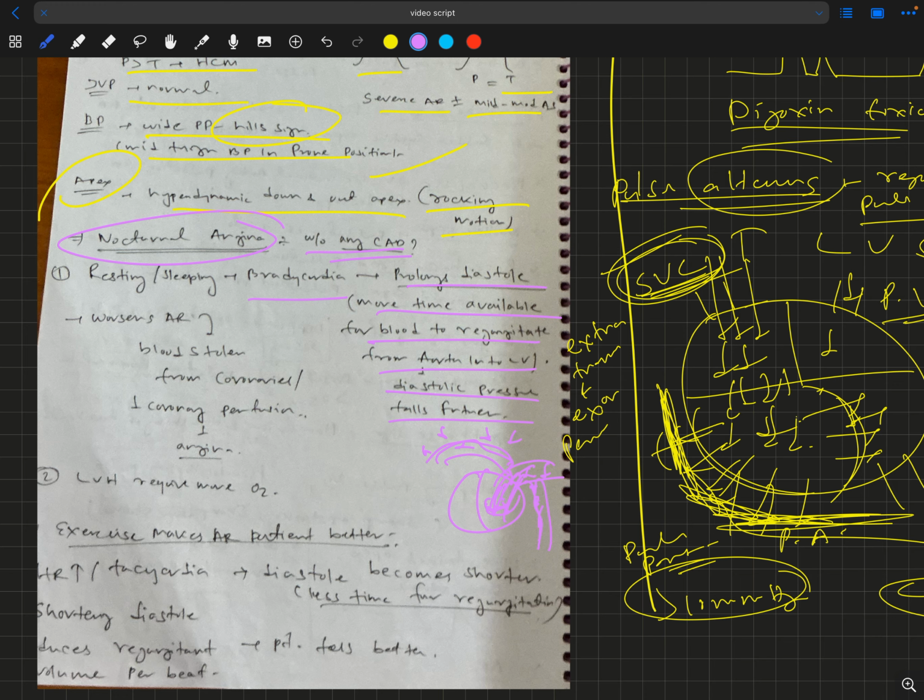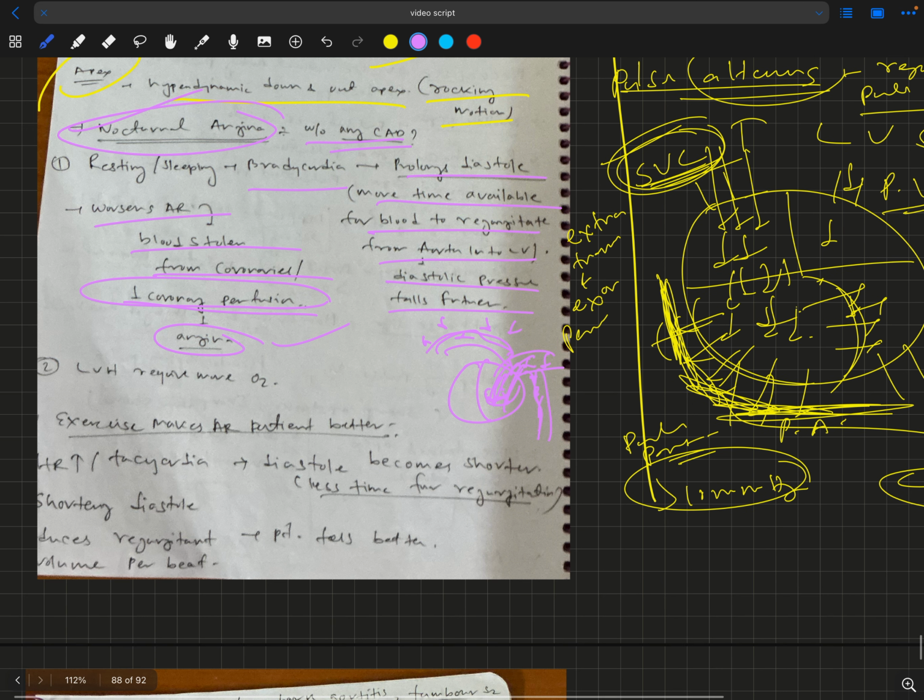That will lead to decreased blood flow to the myocardium, making the patient more prone to develop angina while sleeping, that is nocturnal angina. So blood is stolen from the coronaries, coronary perfusion decreases, and this leads to angina. So nocturnal angina is due to bradycardia.